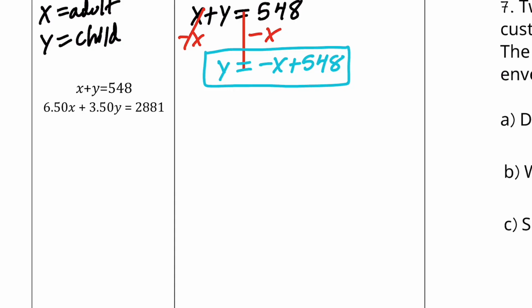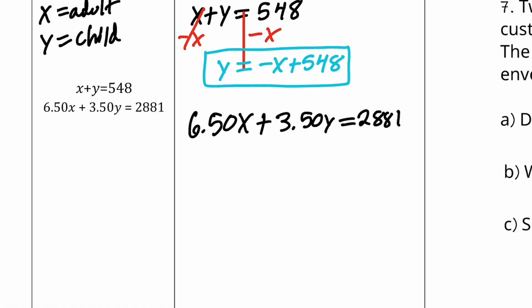So my second equation is $6.50x plus $3.50y equals 2,881. Okay, again, draw a line down my sign.